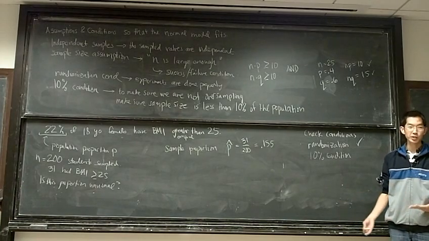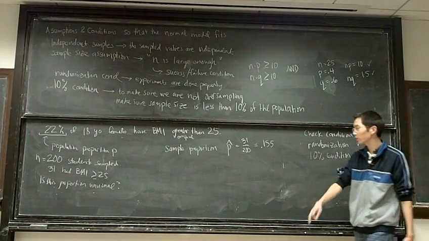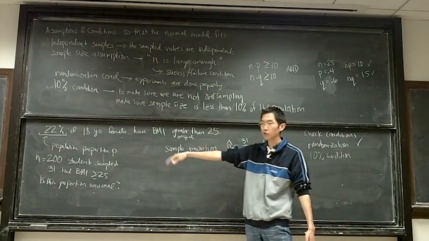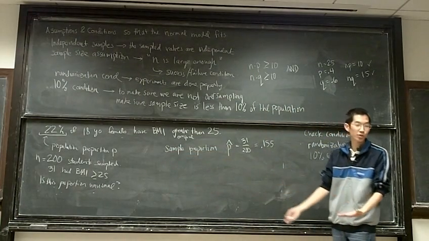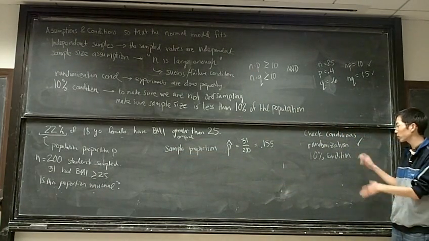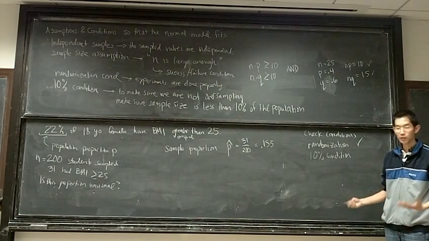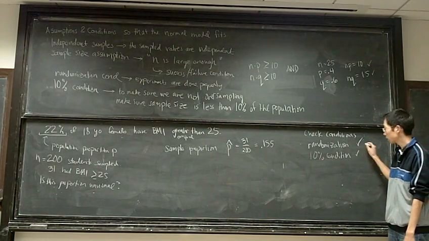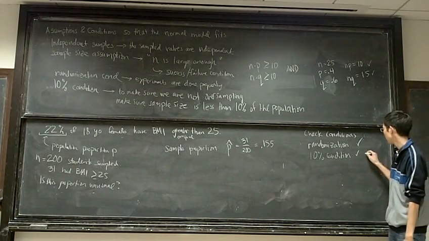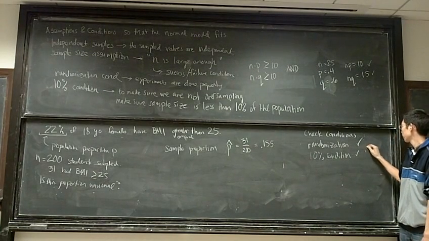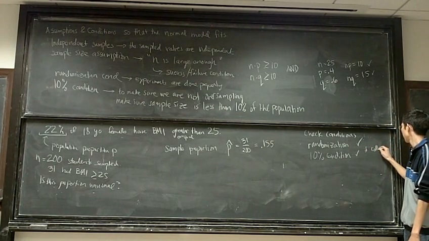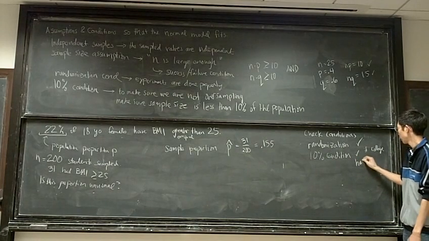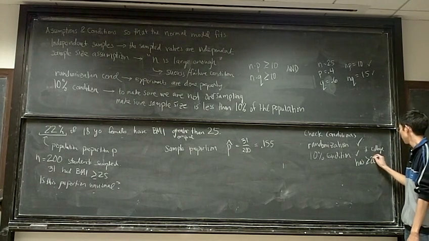But if there are only like 500 female students, then 200 is too large a proportion. So as long as we've got a lot of female students, more than 2,000, our 10% condition is okay. If the college has more than 2,000 female students.